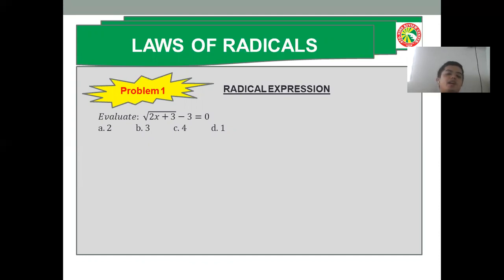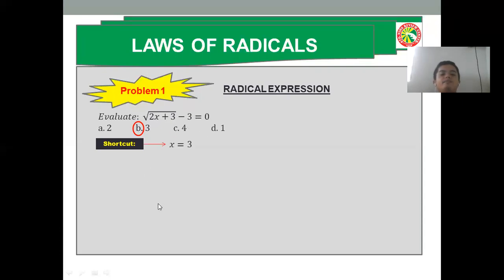So for example, you evaluate square root of 2x plus 3 minus 3 is equal to 0. All you have to do is assume or pick choices. If we say the answer for this question is letter A, we will verify it in the given, or substitute this value to the x here, and evaluate if this is equal to 0.